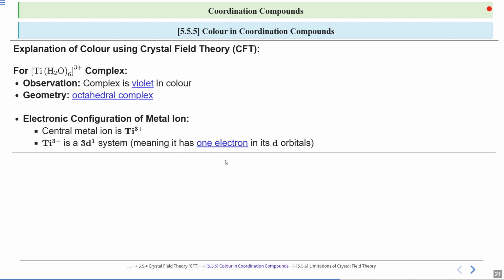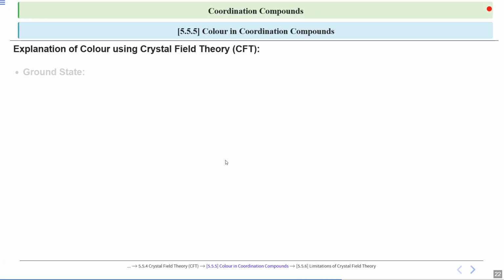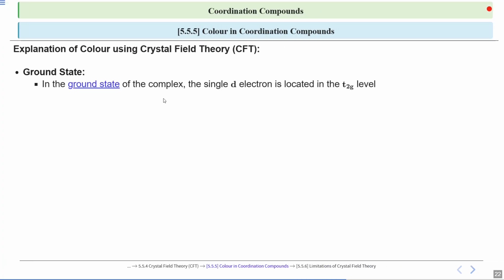In the ground state of the complex, the single d electron is located in the t2g level, because it is an octahedral complex and in the octahedral complex the lower energy set is the t2g set. So this one electron of Ti3+ is located in the lower energy t2g level.